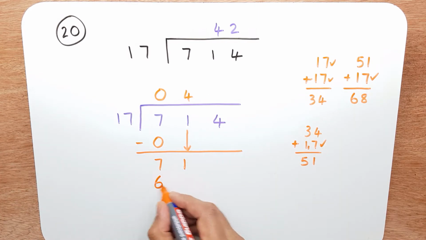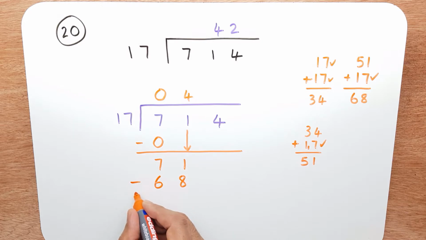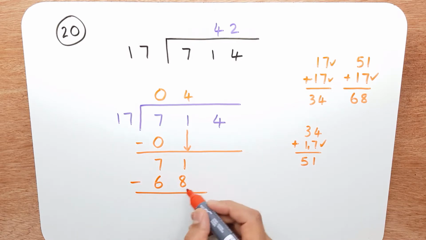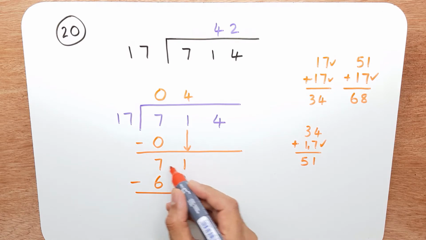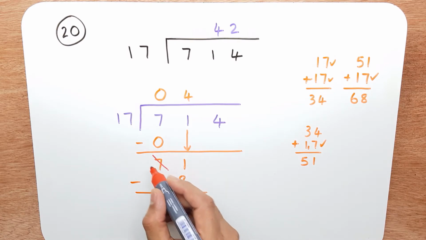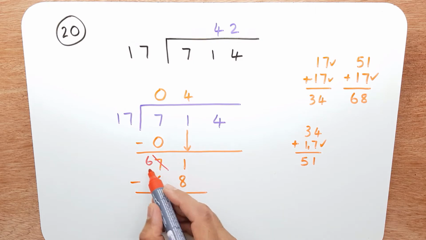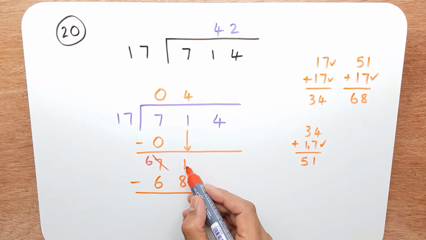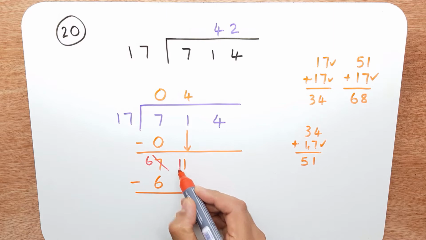So we put down 68 here and we subtract these two now. 1 take away 8 we can't do. So we go to the neighbour and borrow 1. So the 7 becomes a 6. The 1 that we've borrowed turns this 1 into an 11.